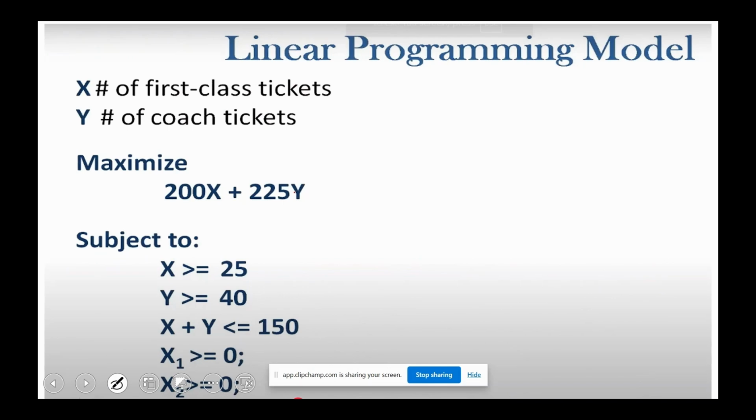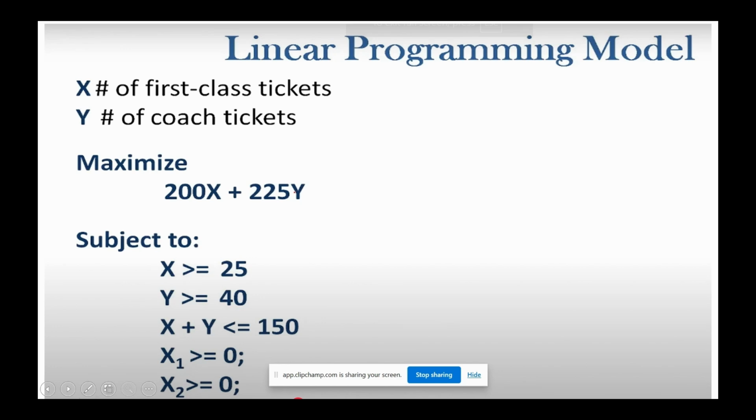Maximize 200x, where 200 is the profit multiplied by x of the first category, plus 225y, where 225 is the profit in the second category multiplied by the number of tickets sold in that category, which is y, subject to x, the first category, greater than or equal to 25, and y greater than or equal to 40. Total number of seats, x plus y, is the capacity, equal to 150 or less.